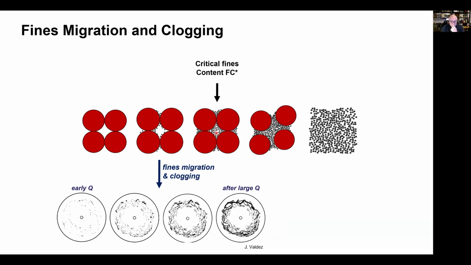The other thing is that even if you don't have enough fines to fill the pores, these fines are in most cases not load-bearing. And as the fluid flows, they can be displaced. And if fluid is converging to a well at the center, something interesting happens.